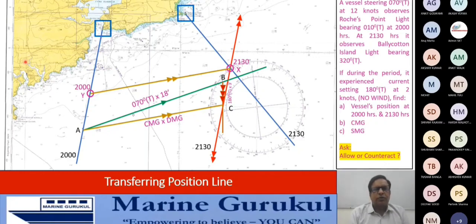So in this question now, point Y is fixed at 2000 hours, point X is fixed at 2130 hours. Y to X is the CMG, and Y to X is the distance made good in 1.5 hours, which when divided by time of 1.5 hours shall give us the speed made good. So beta, have a good look at the plot. Let me know your doubts.